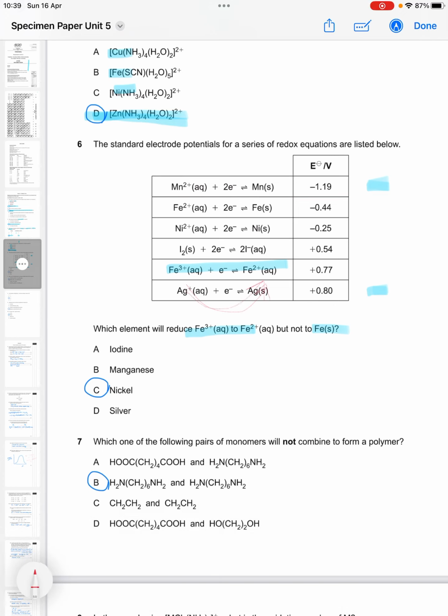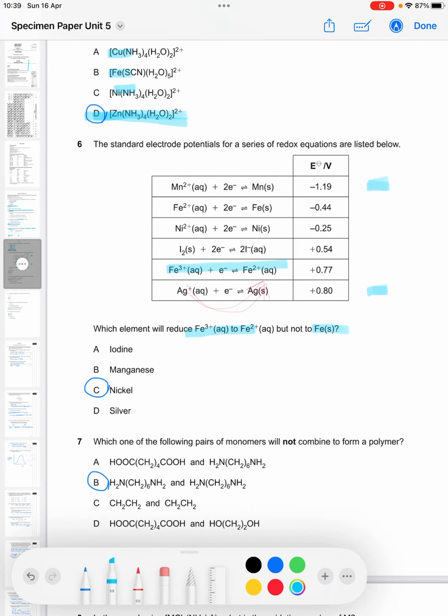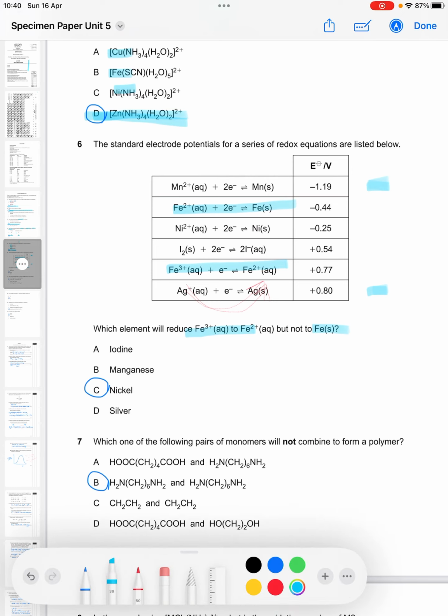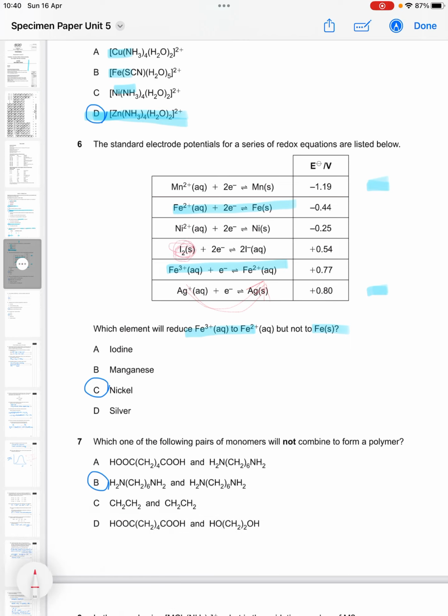And we want something then which will do that, but not then iron 2 to iron, which would also have to be going in the same direction. So looking at our choices here, if we look at iodine, it's here. Iodine is on the left, so to get that, it would be going the wrong way, so that isn't going to work.